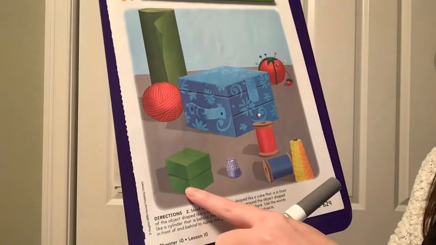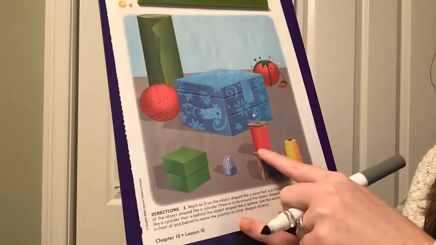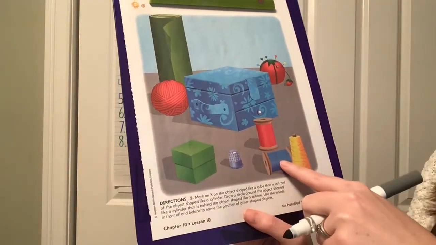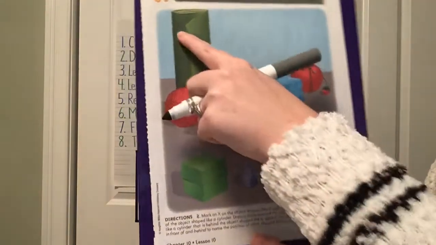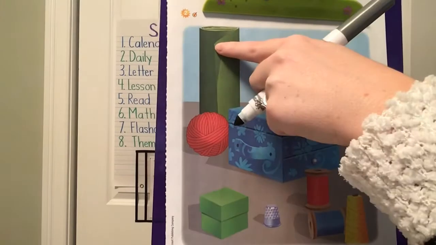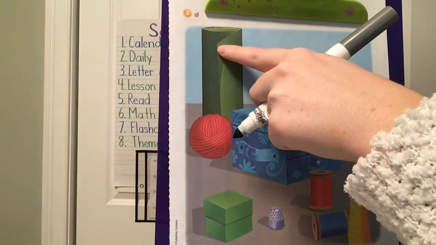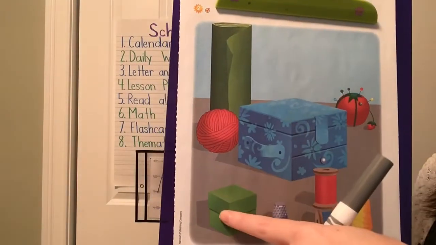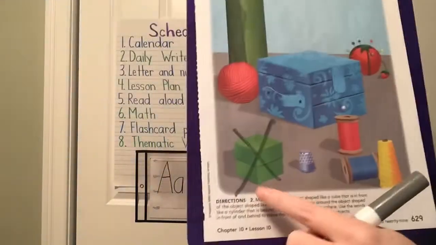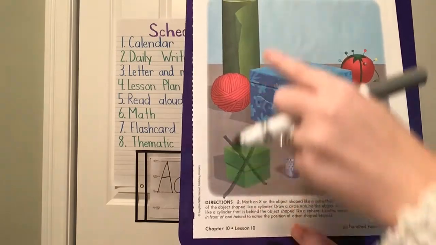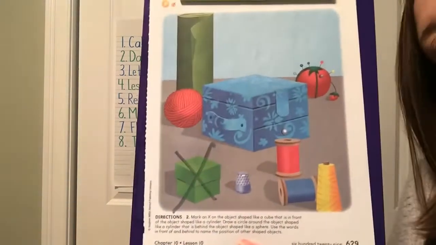So is this a cylinder? No. Here's some cylinders, but there's no cubes in front of them. So, oh, here's a cylinder. Is there a cube in front of it? Yeah. So we're going to make an X on the cube in front of the cylinder.